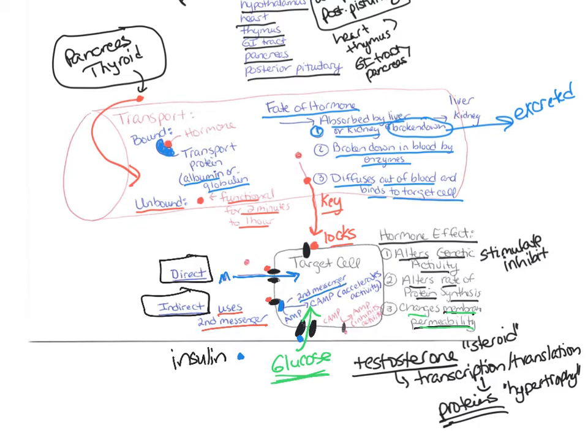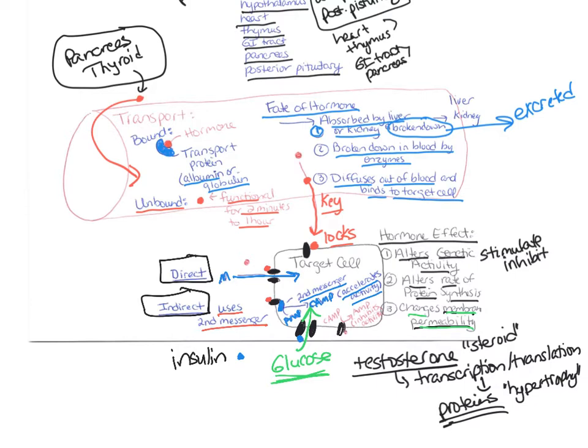And that second messenger can cause a change inside the cell, which will either accelerate activity or will inhibit activity. So I'm just showing an example here where this second messenger, once it's activated, will change AMP to cyclic AMP, and that accelerates the cell.